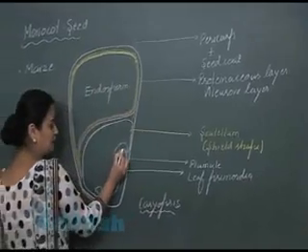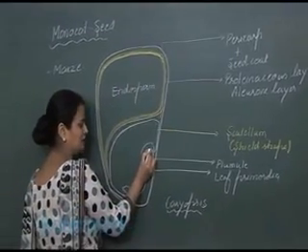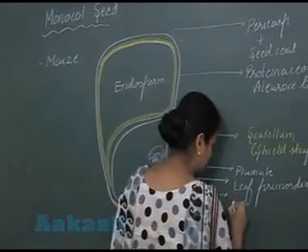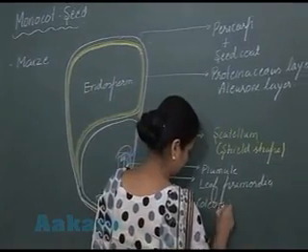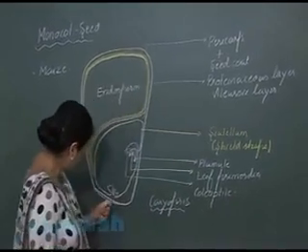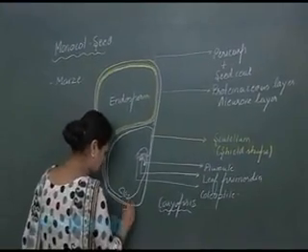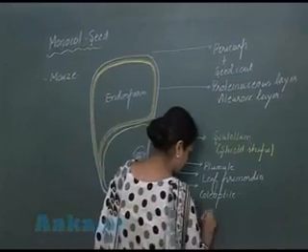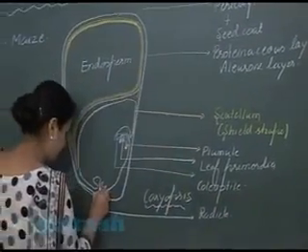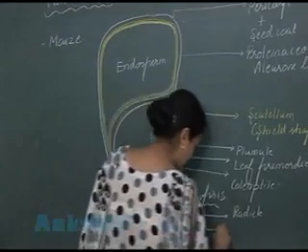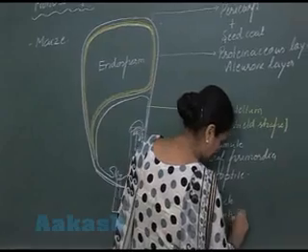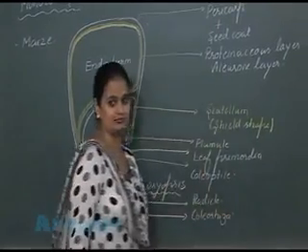The covering present over the leaf primordia is known as coleoptile. Now at this end, the structure which I have made is the radicle, and you can see the radicle is also covered with a sheath, and this sheath is known as coleorhiza.